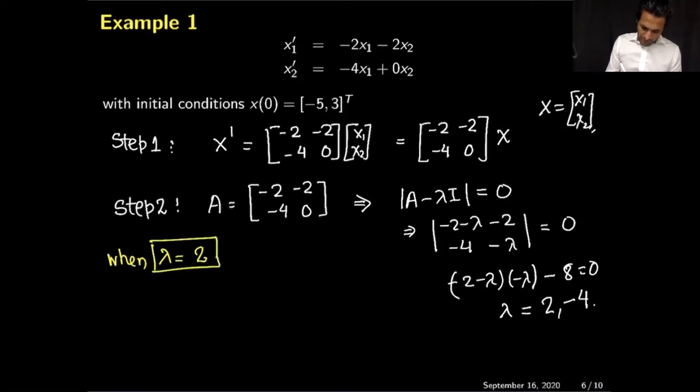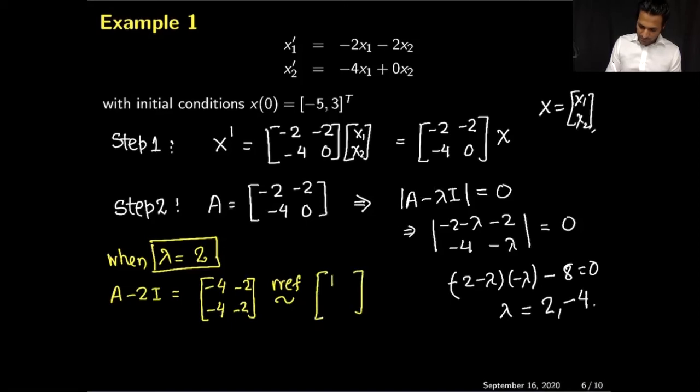First we calculate A minus 2 times the identity matrix, which is -4, -2, -4, -2. If you reduce that to row reduced echelon form, you will get the matrix 1, 1/2, 0, 0.